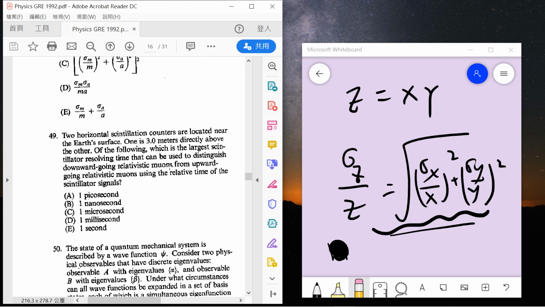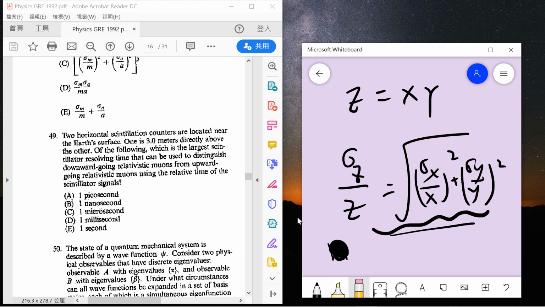Okay, so 49 says that two horizontal scintillation counters are located near a surface, 3 meters directly above the other. And what is the largest resolving time that can be used to distinguish? Okay, so this problem is simple, all you need to know is the 3 meters. So you have one on top of the other, with a difference of 3 meters, and it asks what the resolution time is.